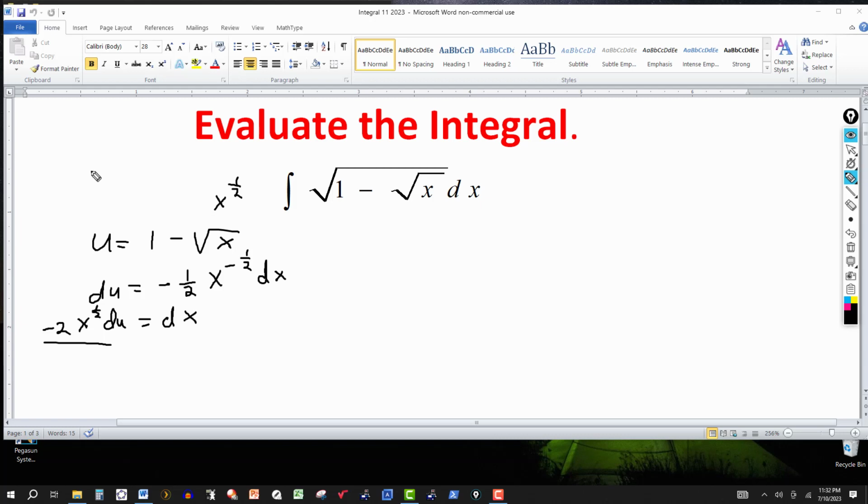And I'm also going to use the fact that, from this substitution here, bringing the u over to the other side, we can see that the square root of x can be written as 1 minus u. So let's do the transformation now.